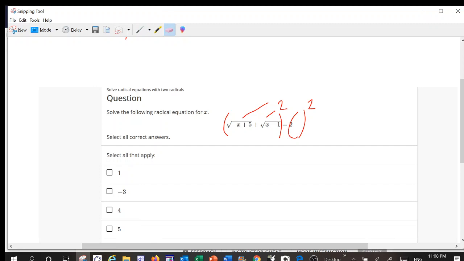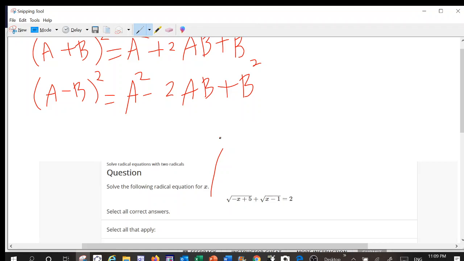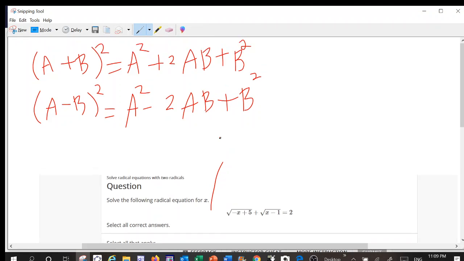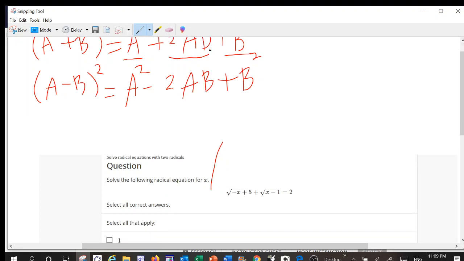No, that's not how it works. If you square both sides the way they are, notice that you're going to get this situation here. The first square root you can get rid of, the second you can get rid of, but in the middle you're going to have 2 of them. So that doesn't work. So let's not do that.